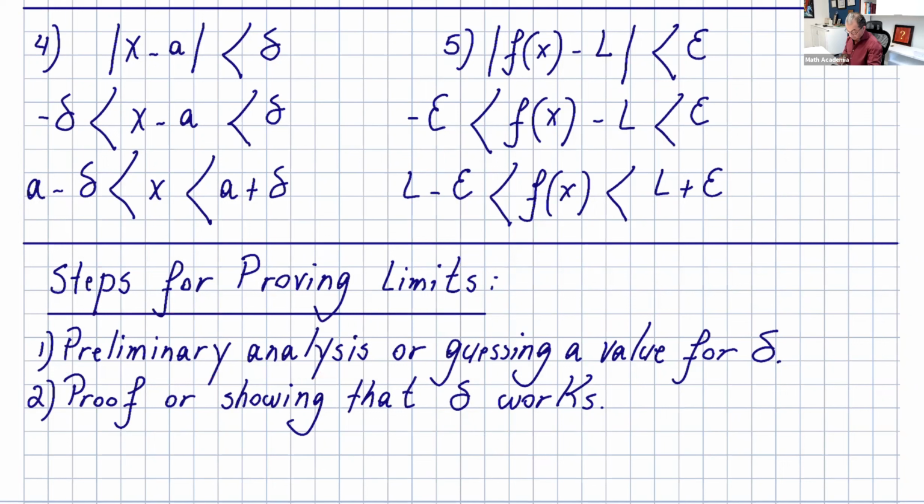Basically, what you want to do is guess a value for delta. Once you guess a value for delta, you find a relation between delta and epsilon. And the second step, you want to see if that works. So proof, or showing that the delta we chose works.